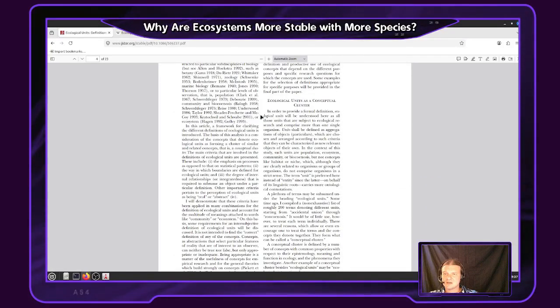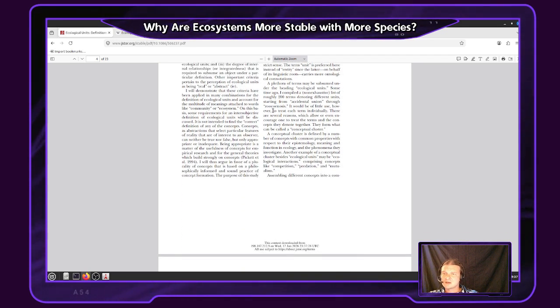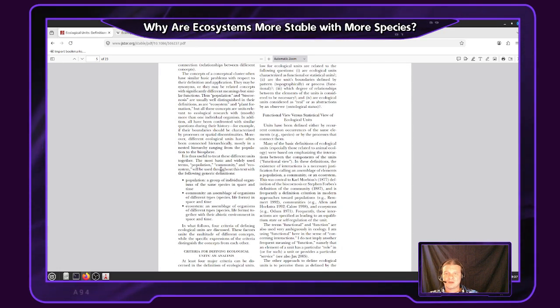Let's see, ecosystem. Ecological units, aggregations of objects. Here we go. The most basic and widely used terms, population, community, and ecosystem, will be used throughout this text with the following generic definitions. Ecosystem is an assemblage of organisms of different types, either species or life forms, together with their abiotic environment in space and time. That's a nice, clear definition. Let's use that.